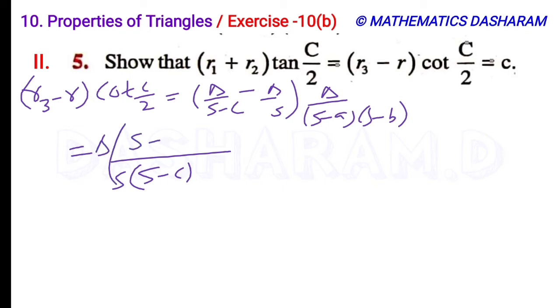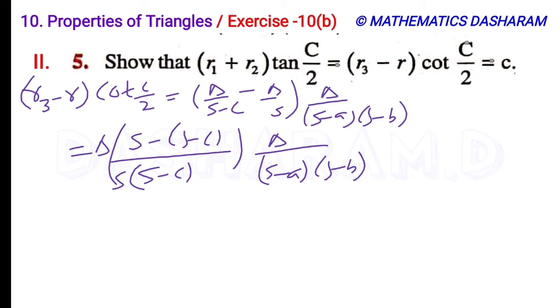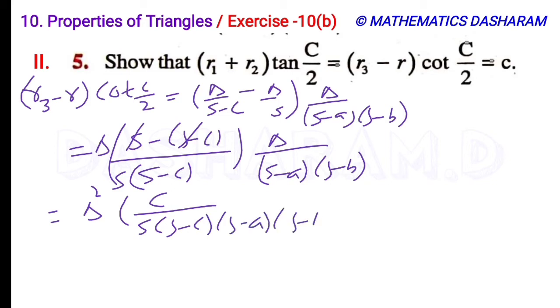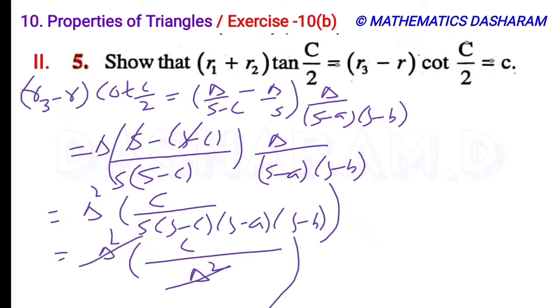Then here s minus (s minus c) into delta divided by (s minus a) into (s minus b). Delta into delta, delta square, and the plus and minus cancel, minus of minus plus c, divided by s into (s minus c) into (s minus a) into (s minus b). So delta square into c divided by delta square. So delta square cancels, so it equals c. So this is our required answer.